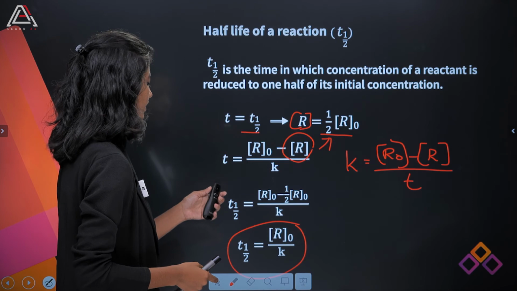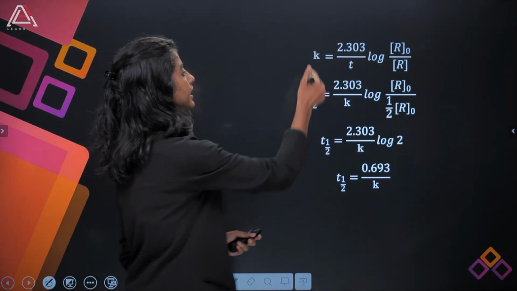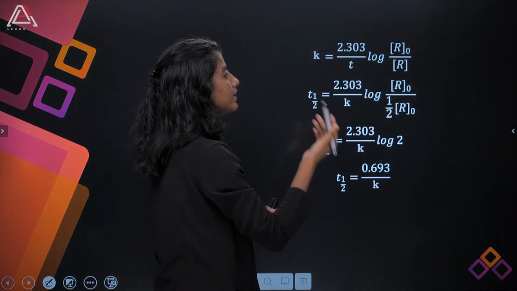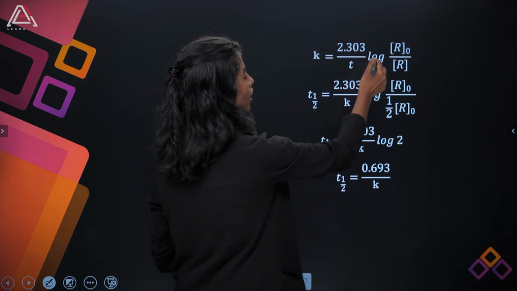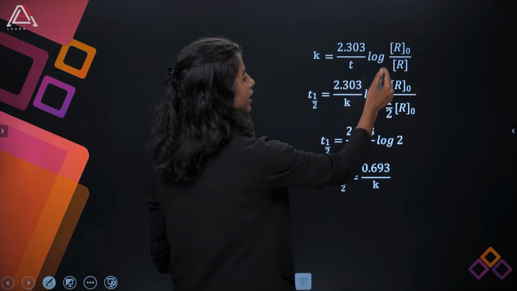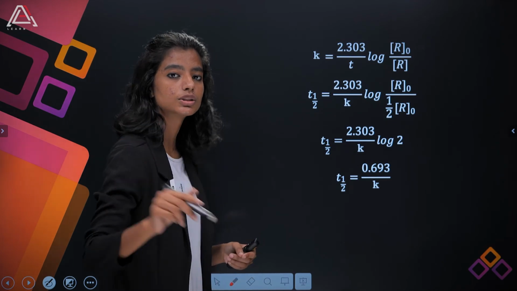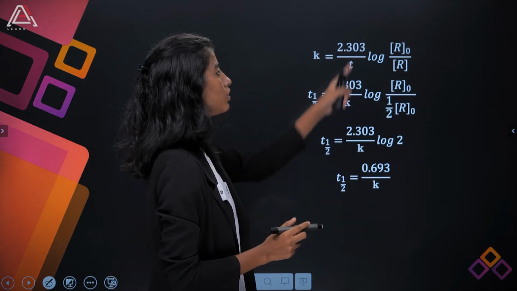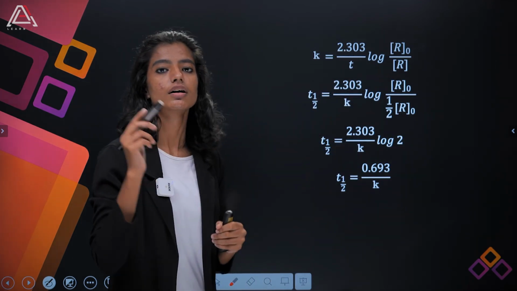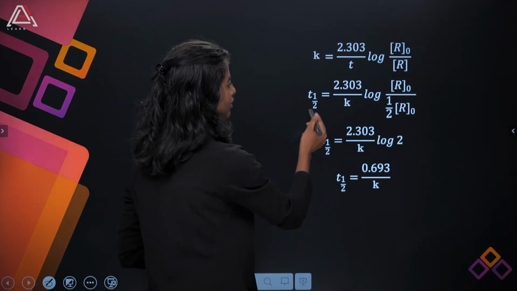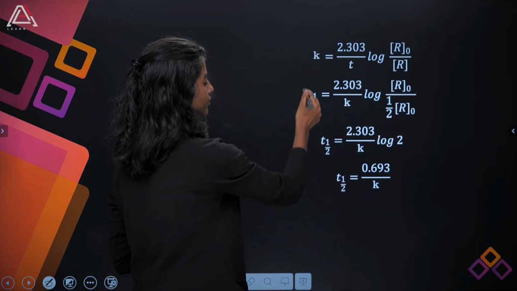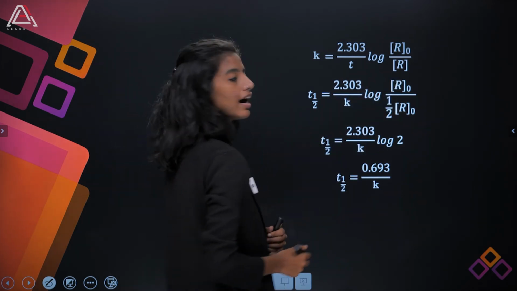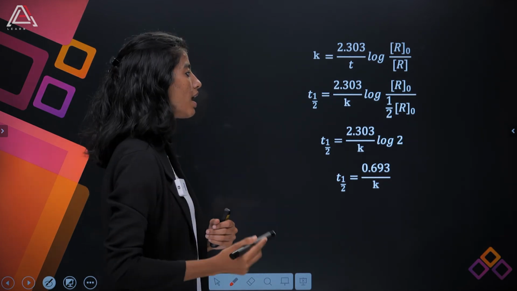Now we have to learn the first order chemical reaction. The integrated rate equation for the first order chemical reaction was K is equal to 2.303 divided by t log concentration of R naught divided by concentration of R. We can also rewrite that as t is equal to 2.303 divided by K log concentration of R naught divided by concentration of R. Now, putting the values for t and the concentration of R, it will become t-half is equal to 2.303 divided by K log concentration of R naught divided by 1/2 concentration of R naught.